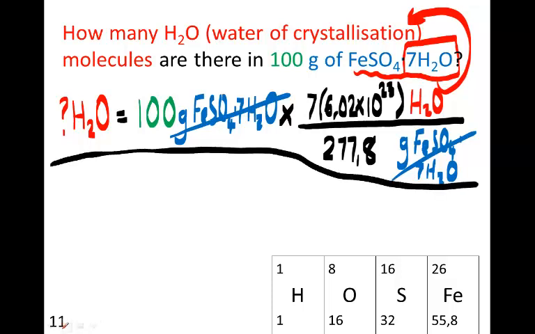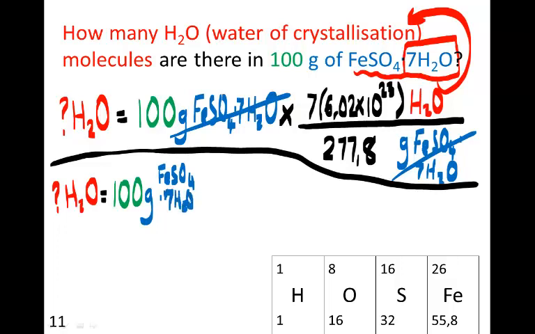So let's start over. Let's again take the question, how many water of crystallizations do we have in 100 grams of iron sulfate dot 7H2O. I'm just writing it like that to save some space. Right, so let's do it in some steps here. We need grams of iron sulfate dot 7H2O at the bottom.